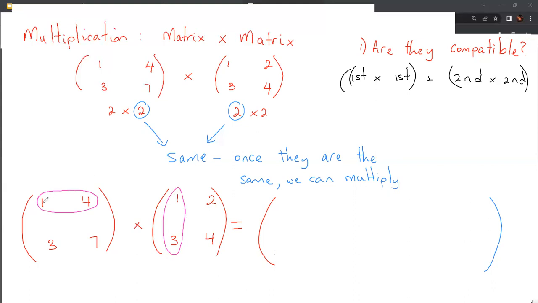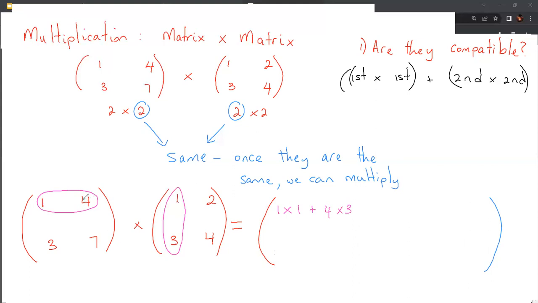Right? So you're going to multiply first the first element by the first element. So first times the first plus your second element times your second element. We always read from left to right.